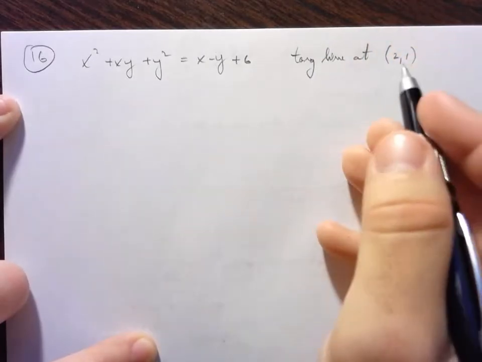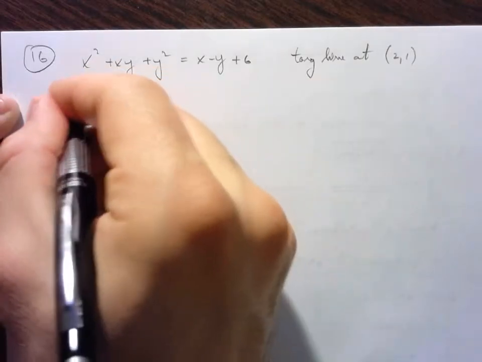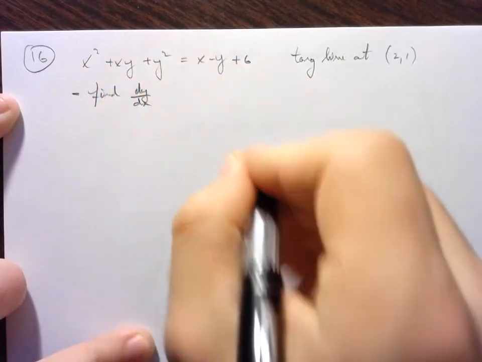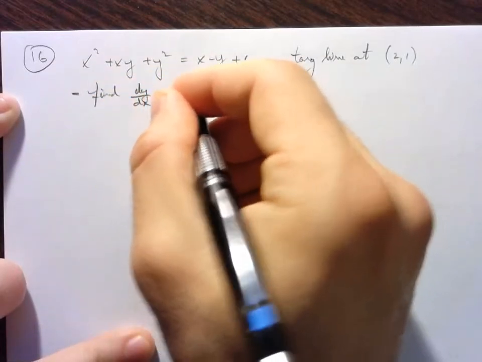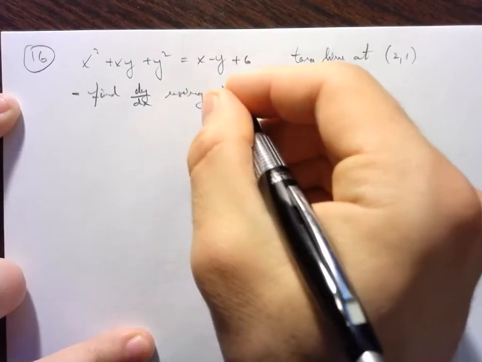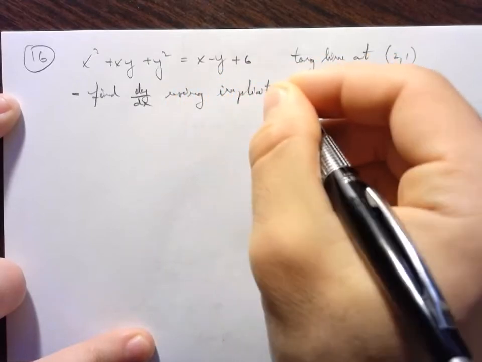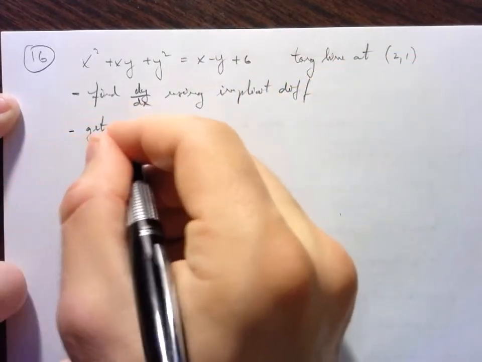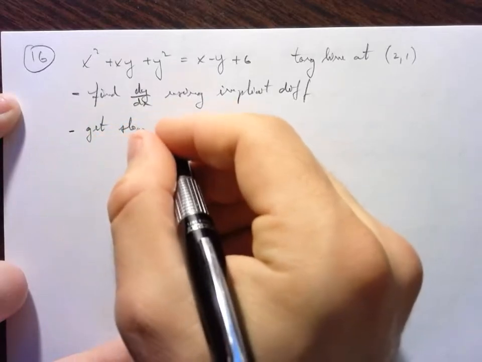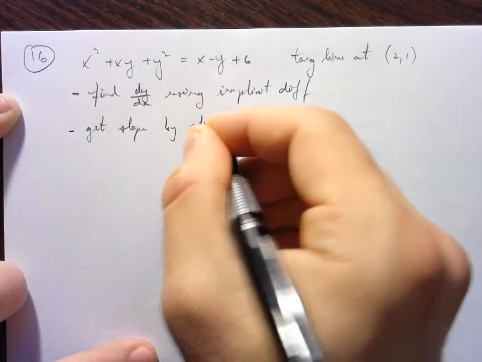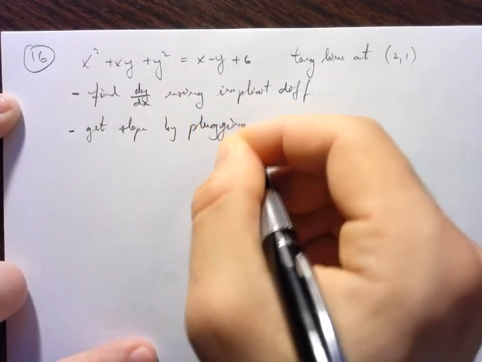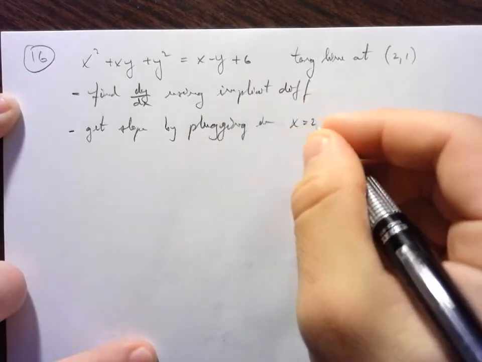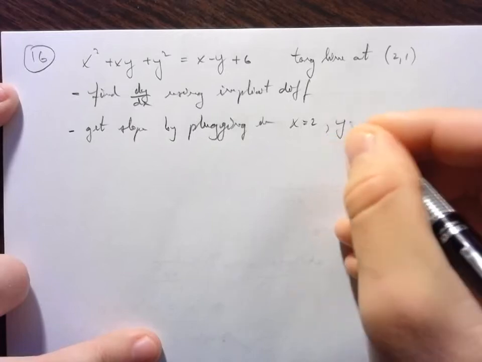So I already have a point, I just need the slope, which means the steps are: find dy/dx using implicit differentiation, and then get the slope by plugging in x equals 2, because it's going to be a formula depending on x, and y equals 1, right?